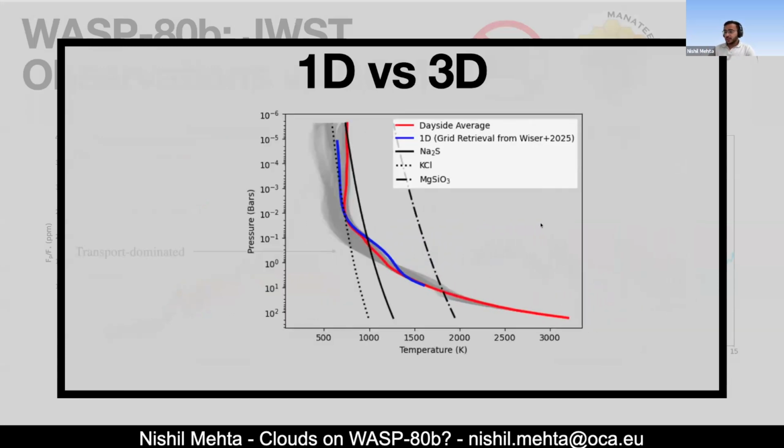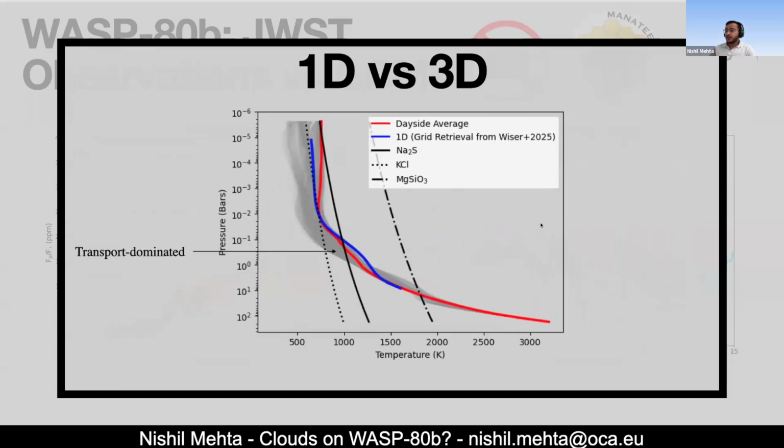Starting with the deeper atmosphere, here I've shown the 3D PT profile in red and the 1D PT profile in blue. In the deeper pressure levels, the 3D profile is cooler, and this is mainly because the heat is effectively redistributed in those regions by the GCM.